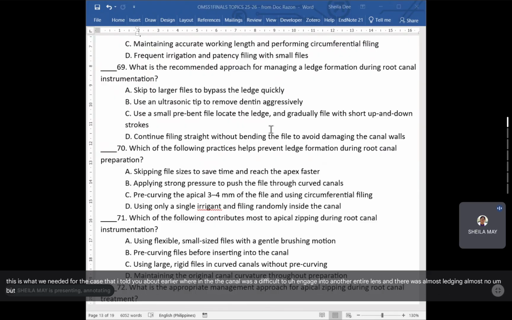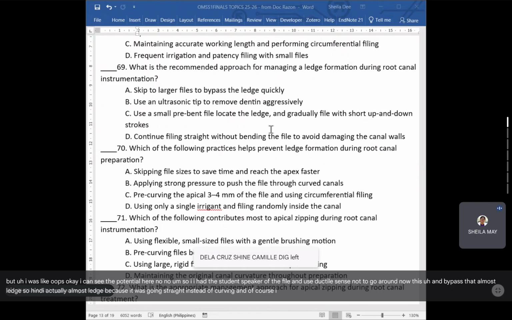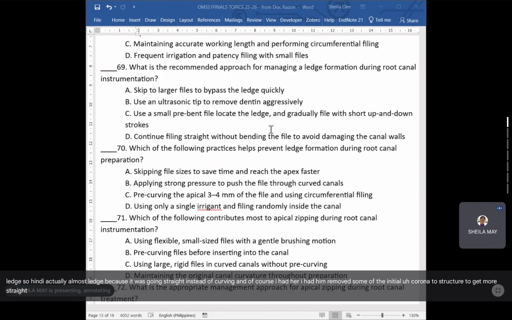I could see the potential here. So I had the student recurve the file and use tactile sense to go around and bypass that almost ledge. It wasn't a ledge yet, but almost, because it was going straight instead of curving. And of course, I had him remove some of the initial coronal tooth structure to get a more straight access.